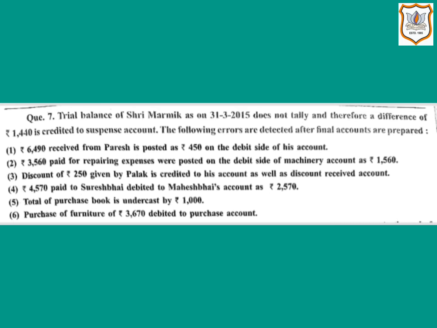When all the errors are rectified, suspense account is closed automatically. Now, let us see here in this question, error number 1. Rupees 6,490 received from Paresh is posted as rupees 450 on the debit side of his account.